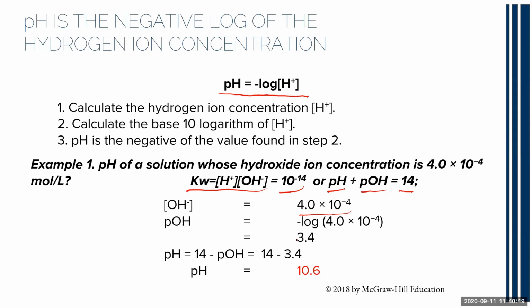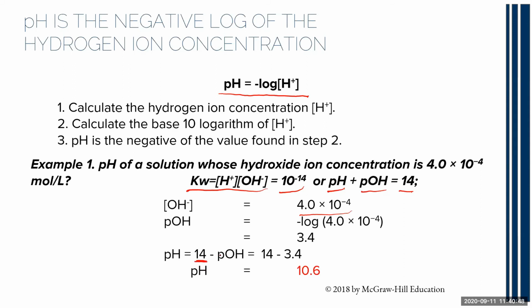So this is the negative logarithm of the hydroxide ions. But we want to know the negative logarithm of the hydrogen ion. Okay? So we want to know the pH, not the pOH. So we need to subtract. So we have the pH plus pOH is equal to 14.